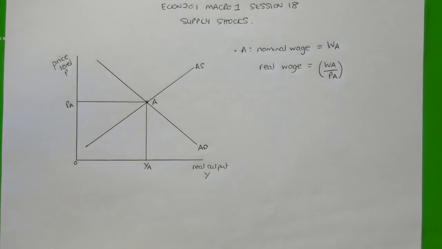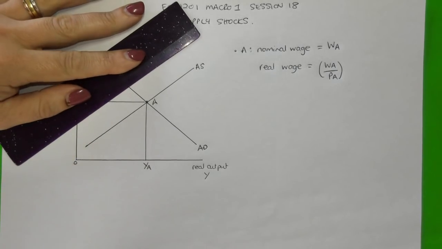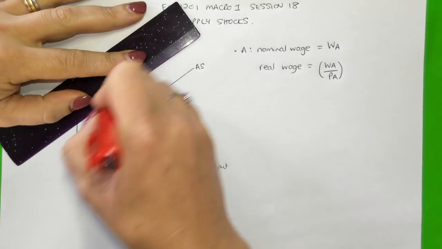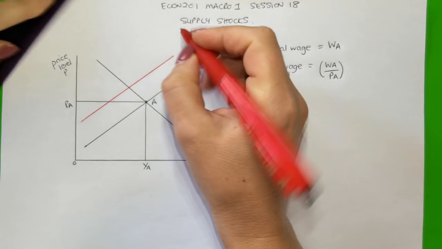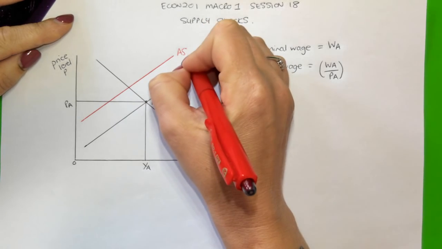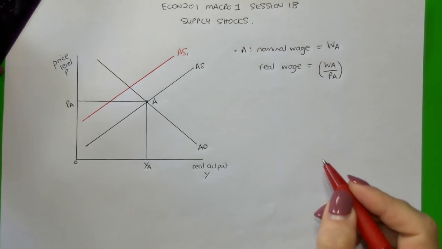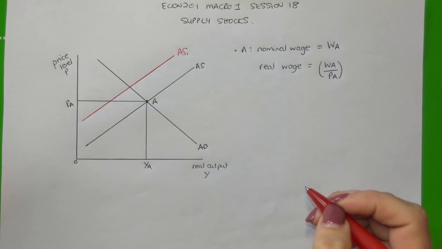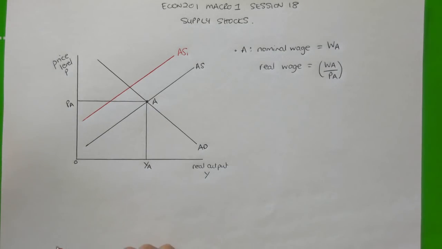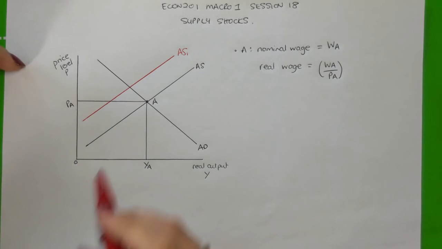Okay, so if we have a supply shock, the effect of that supply shock is going to be to decrease the supply of goods and services, and the aggregate supply curve shifts to the left. That will create excess demand at the existing price level.